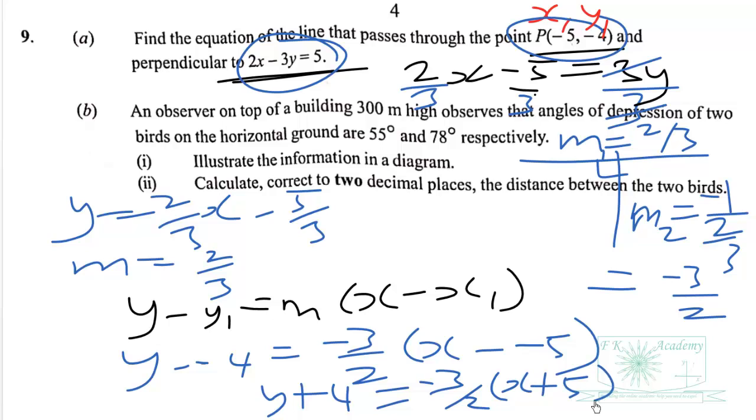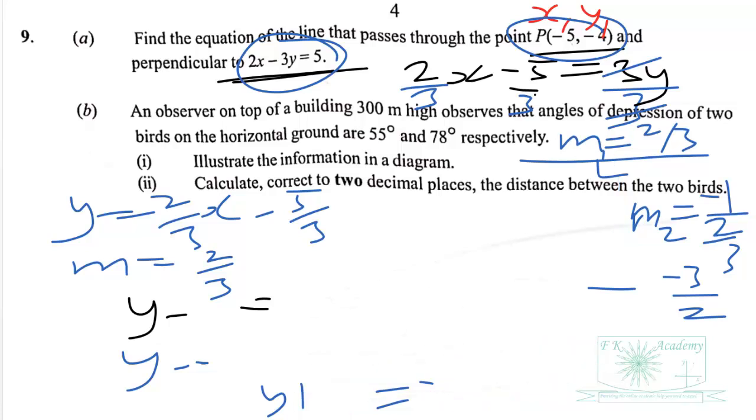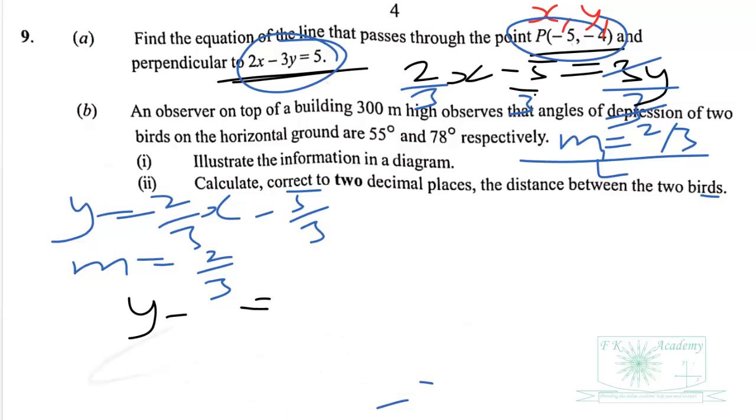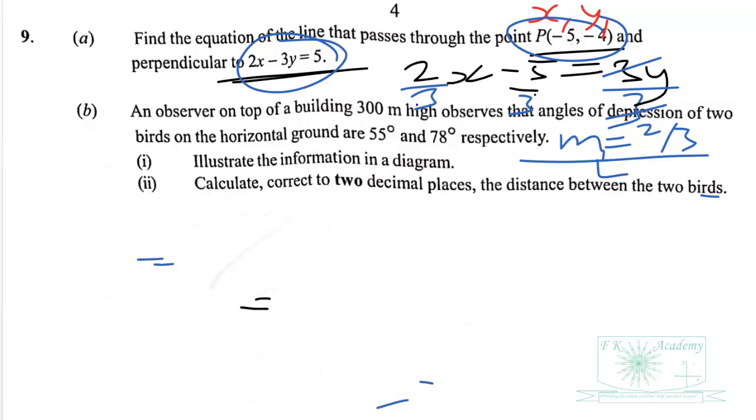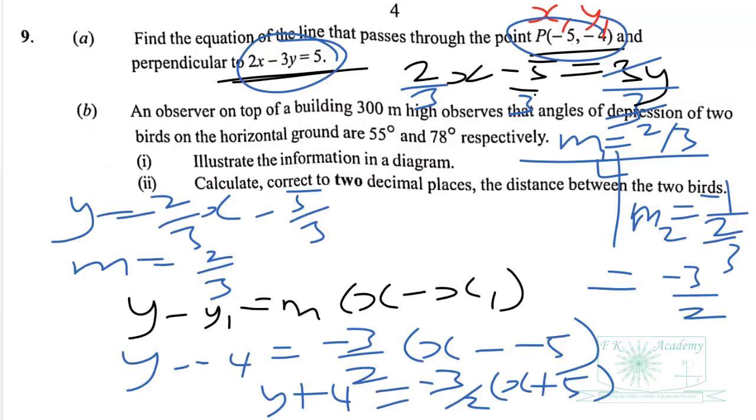So what can we do now? We can multiply through by 2 and simplify. So let's do that. Remember, the equation is y plus 4 equals -3 over 2 times (x plus 5).